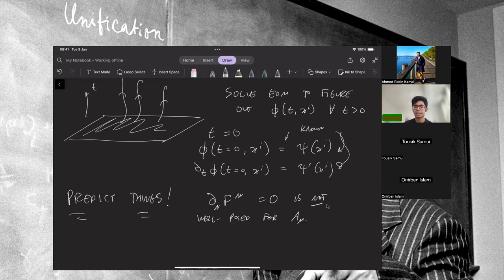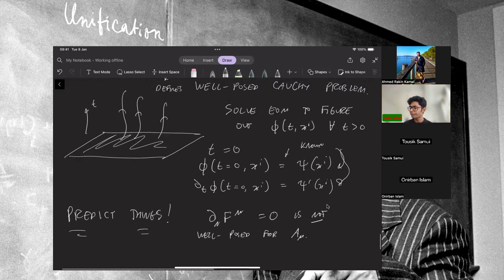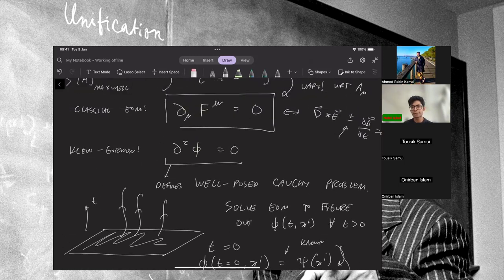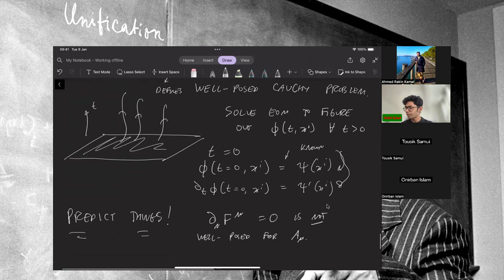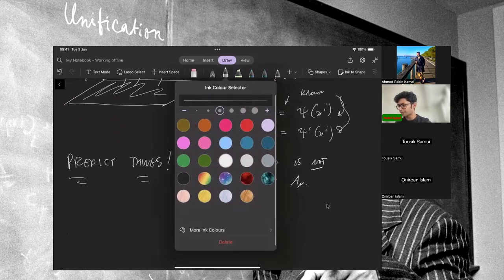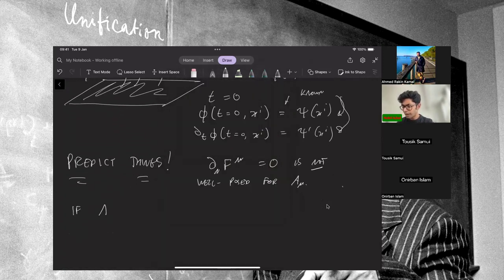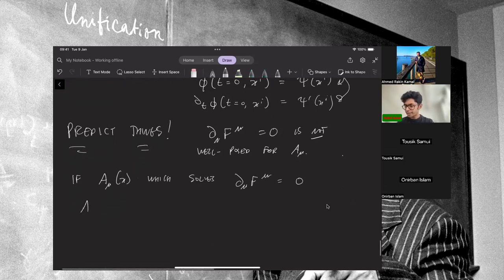All right. Now, you can figure that out by staring at these equations. You can write down the equations and look at them, and you can figure out that this is true. But there's a very easy way to see this, which let me just explain. If, for example, you have some field configuration A_μ(x) which solves the equations of motion, ∂_μ F^{μν} = 0, then it's a fact that A_μ(x) plus a gauge transformation, ∂_μ λ(x), also solves this equation.